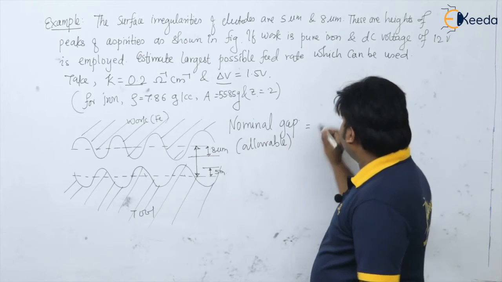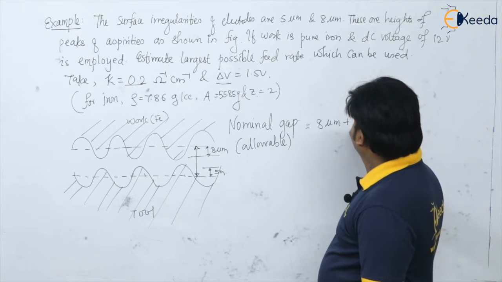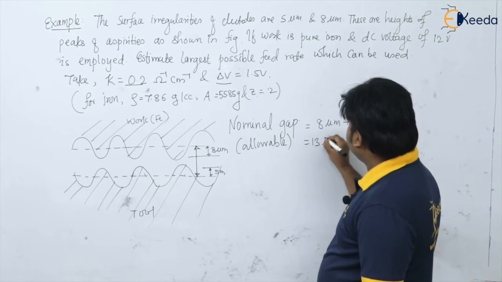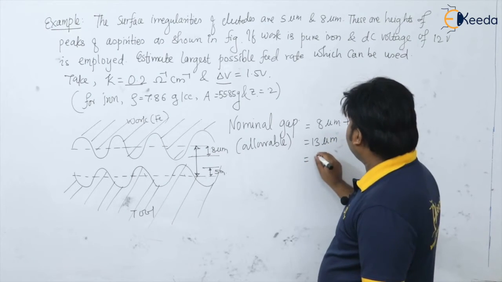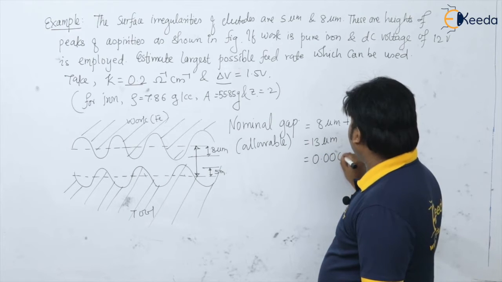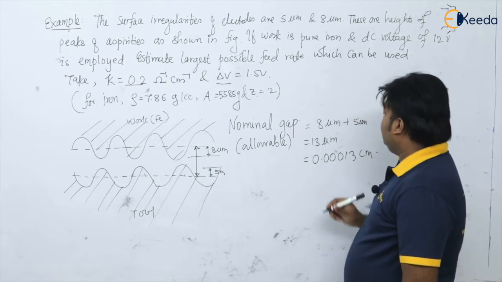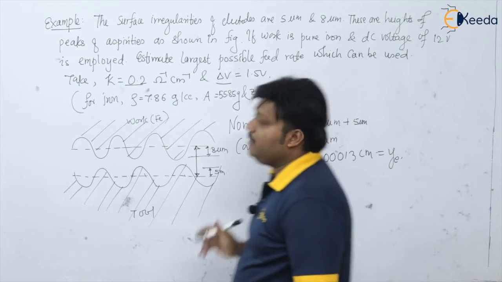The summation of this, that is 8 micron plus 5 micron, so that is 13 micron. Converted into centimeter, it will be 0.00013 centimeter. Very simple. And that will be our equilibrium gap.